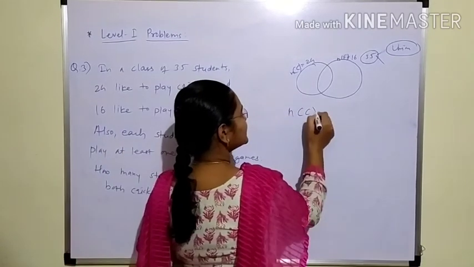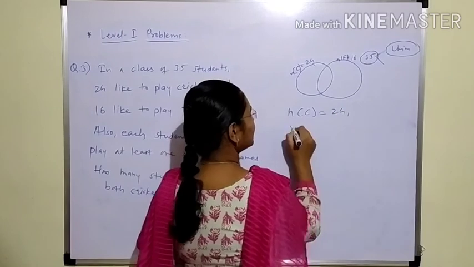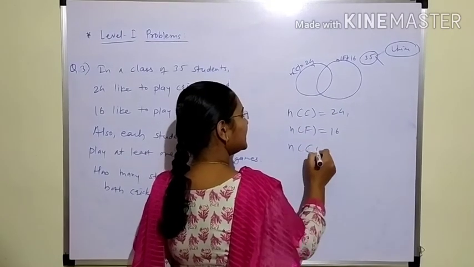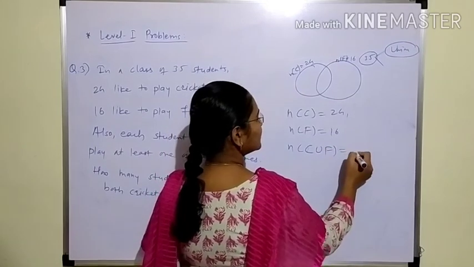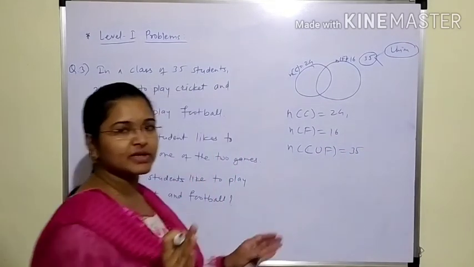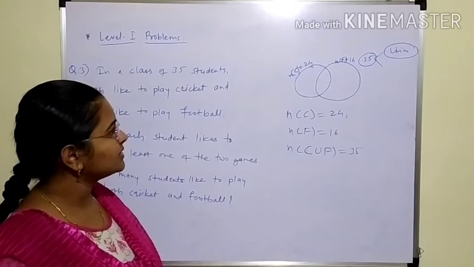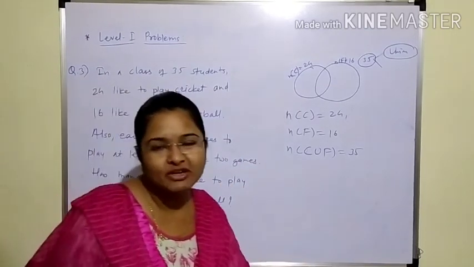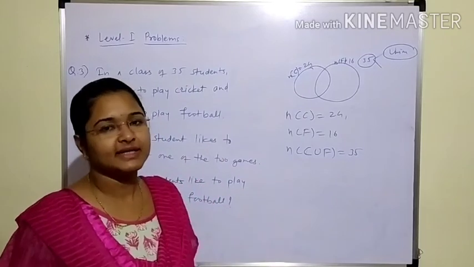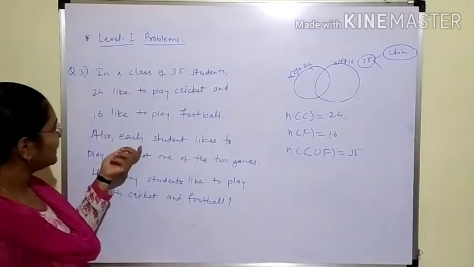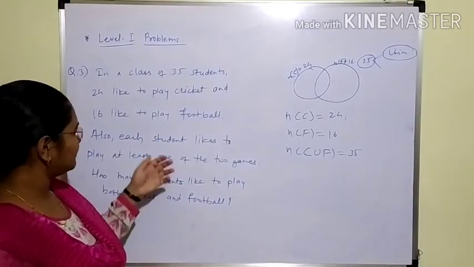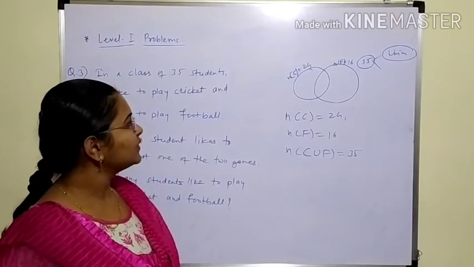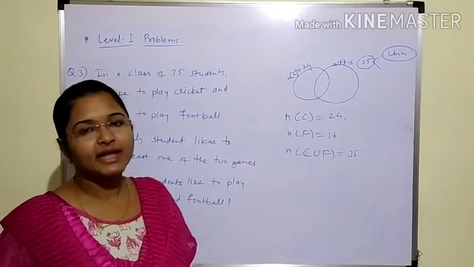Number of elements in set C is 24, number of elements in F is 16, and number of elements in C union F is 35. Getting, students? How to select whether the elements are in a union of two sets or in the universal set. Means by taking one condition at a time you can draw the Venn diagram, and you will get which quantities are given exactly.